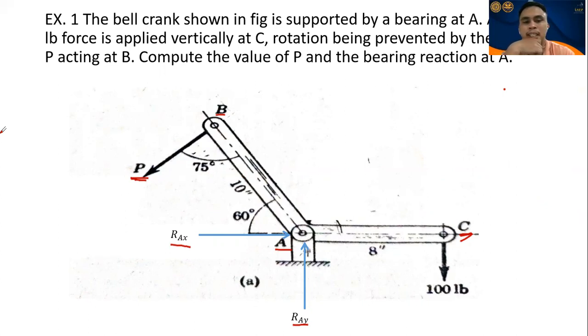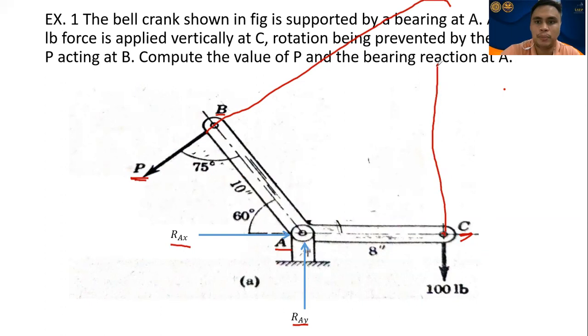So ganina, class, sa ato ang diagram gipang-prolong nato ang mga forces. Ato ning i-prolong ning force P nga ga-act sa point B og force nga 100 pound nga ga-act sa point C. Okay. So ato ning i-prolong, class, tan-awon nato asa sila mag-intersect. Prolong nato ni. Kani pod i-prolong nato ni.